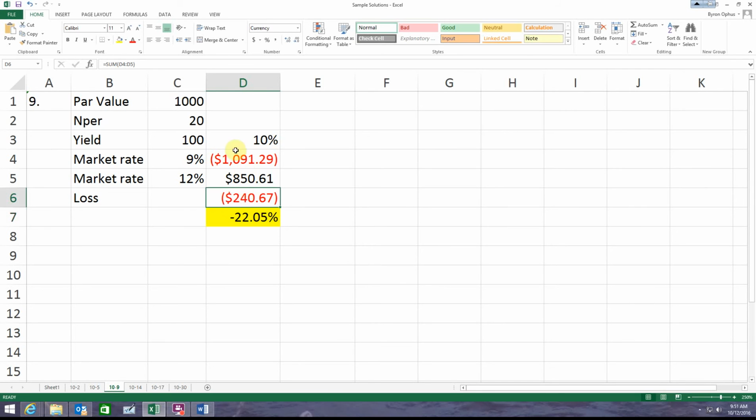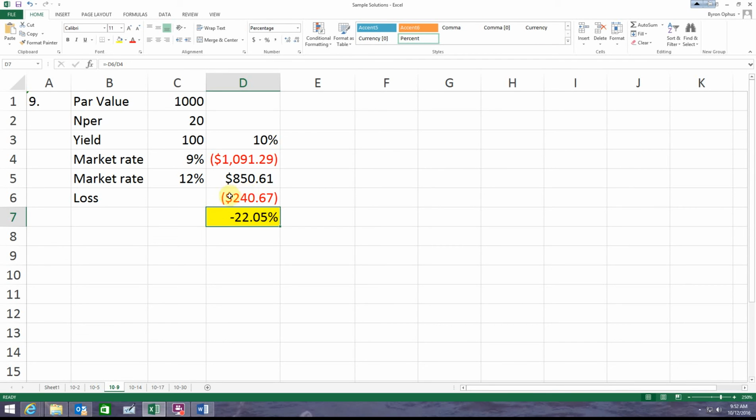The percent return then is based on my original purchase price, and in this case, my loss. Okay, and I want to make sure that my signs are equal there. If these signs are both the same, this is going to return a positive number.